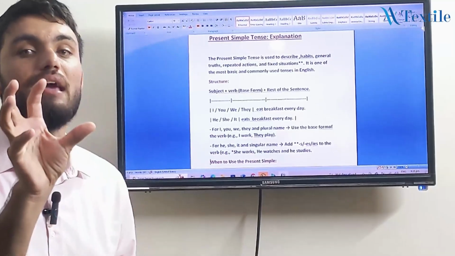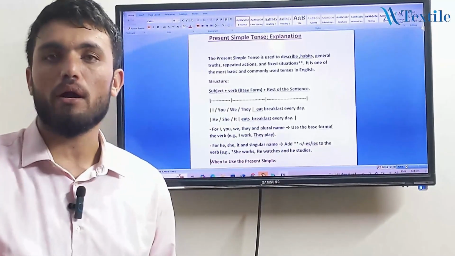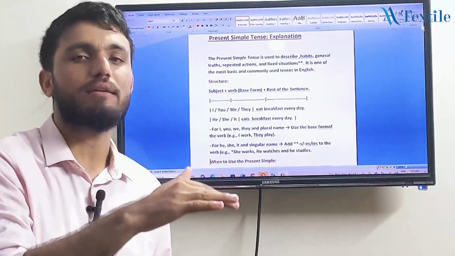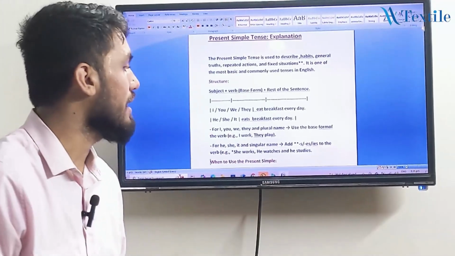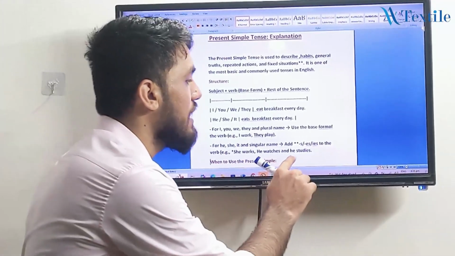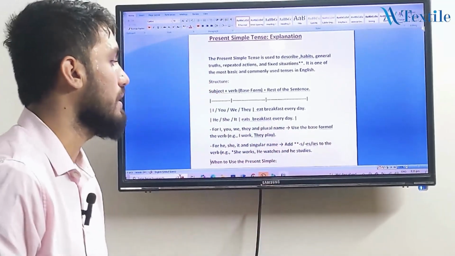You use ies when the verb ends in y and a consonant comes before it: you cut the y and add ies, like he studies. With other verbs you need to add s.